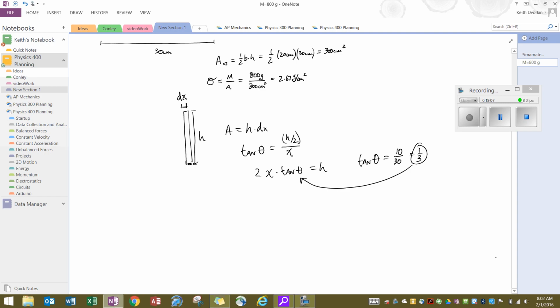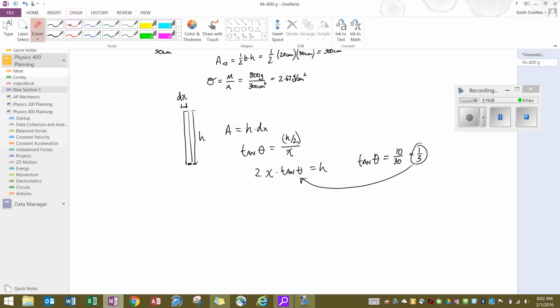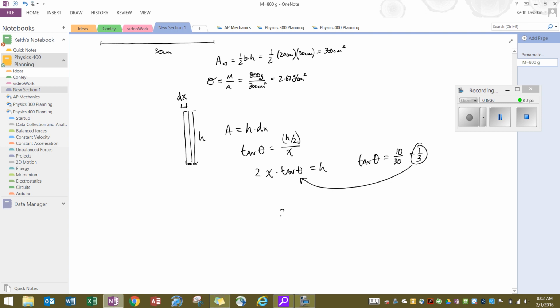Just looking ahead, we don't want to integrate a tangent, but it's not a big deal in this case because tangent of theta is not part of the function. It's just another constant out in the front. So 2x times 1/3 is the height.